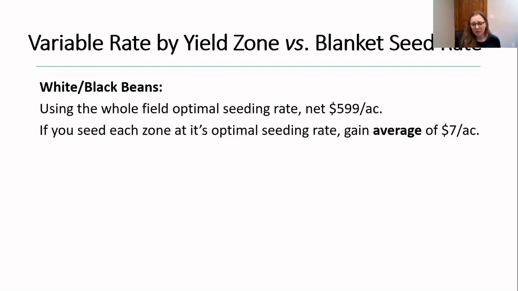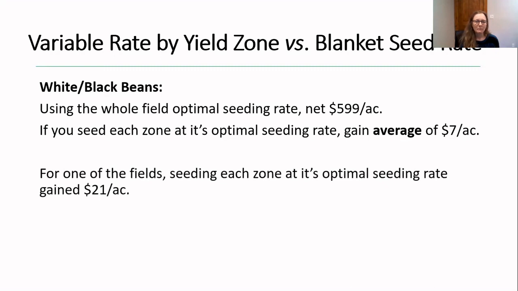And so $7 on average was the advantage to variable rate seeding. Now, there was one field where using those optimal seeding rates for each zone gave us $21 more per acre. But again, on average, it was much lower than that.